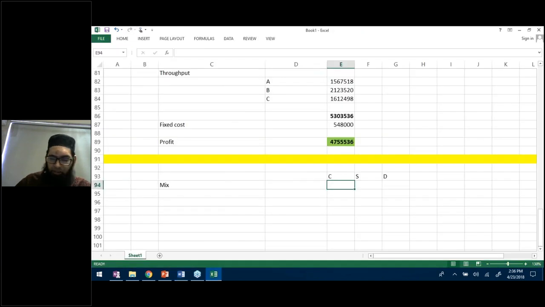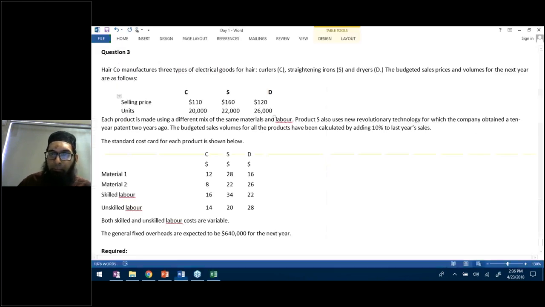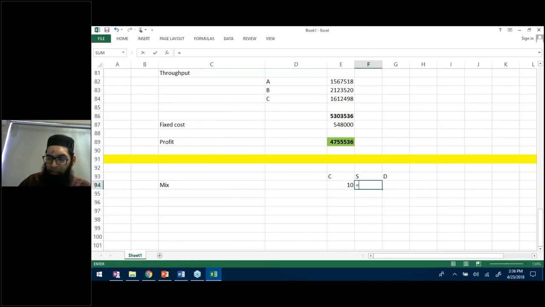So that means C will be 20,000 units by 2000, so this will be 10. For S it will be 22,000 by 2000, so this will be 11.